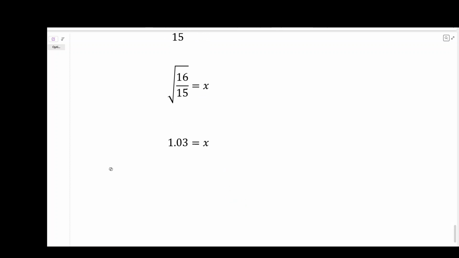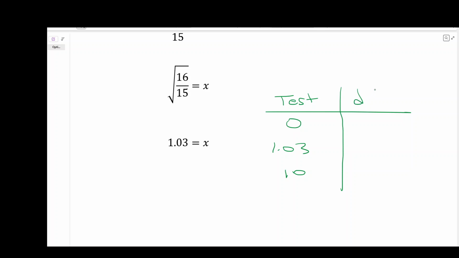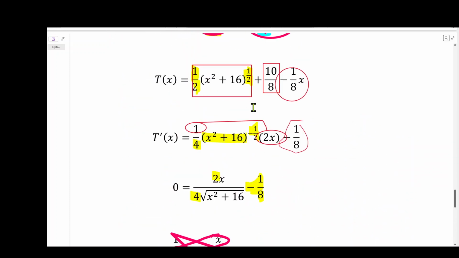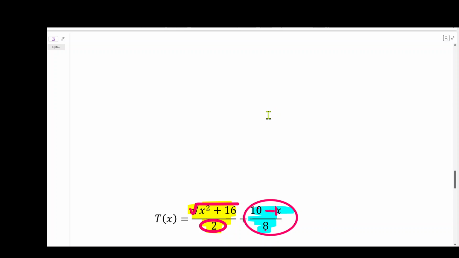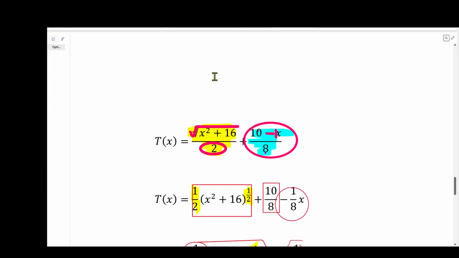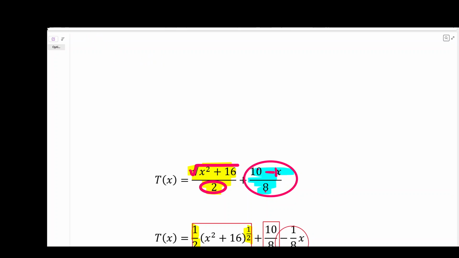Whew. So now I can set up my testing table. So we're going to test 0, 1.03, and 10 in my time formula.